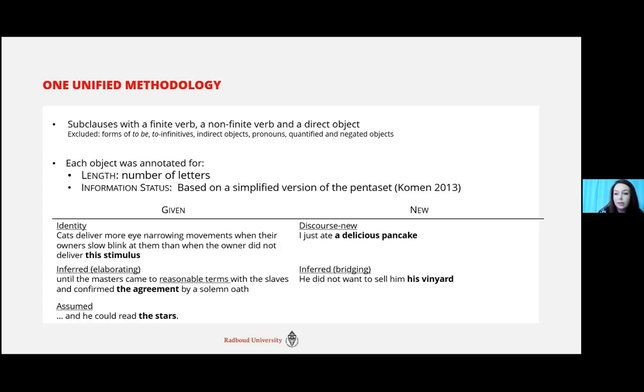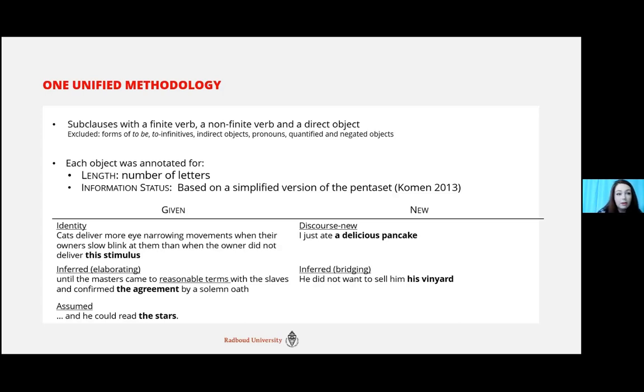You can infer the existence of the agreement from the existence of terms. Once you have terms, you also have an agreement. In the case of assumed objects, these are world knowledge, encyclopedic knowledge. When you have the sentence "he could read the stars," you don't have to introduce the stars as a new discourse referent because we all know what you are referring to.